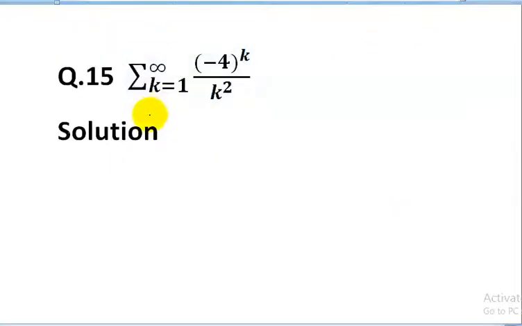Now we discuss absolute and conditional convergence of the series summation k starting from 1 to infinity of (-4)^k upon k square.